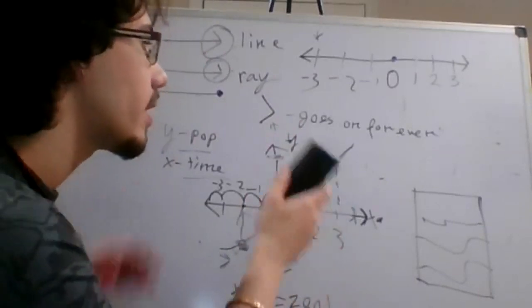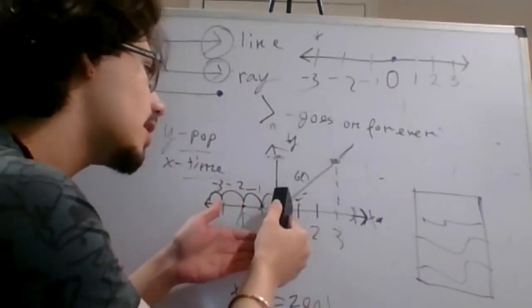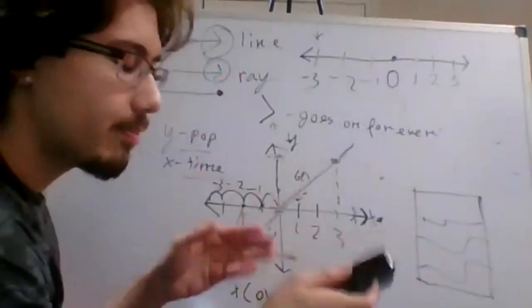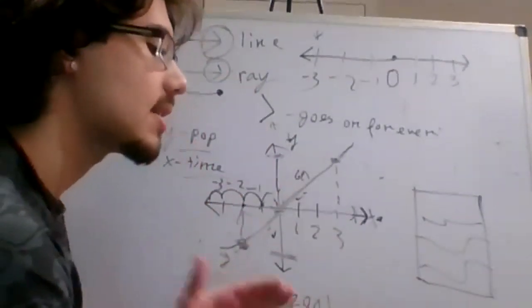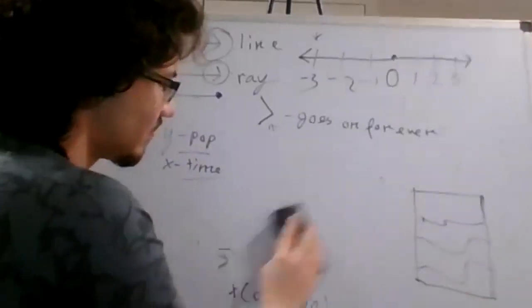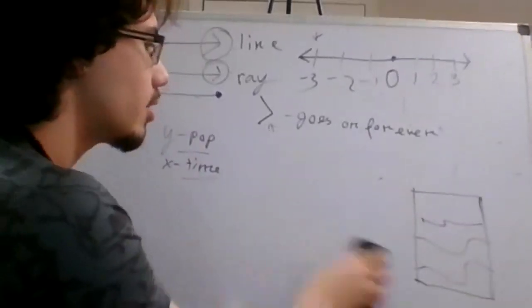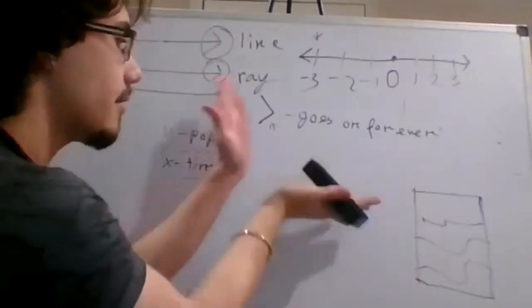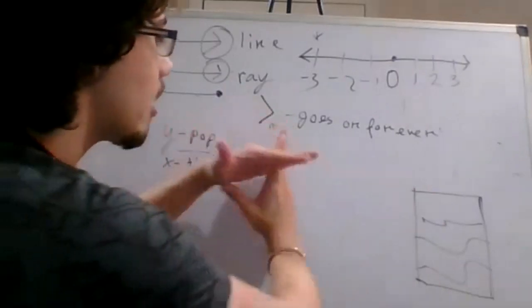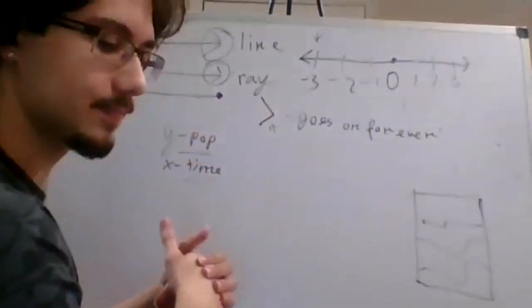With rays, we are concerned only with what our start is and further on. So that's what'll be the difference in statistical studies. Some graphs will be just the first quadrant, and other graphs will be all 4 quadrants.